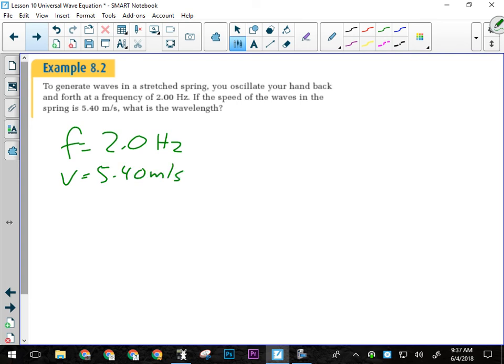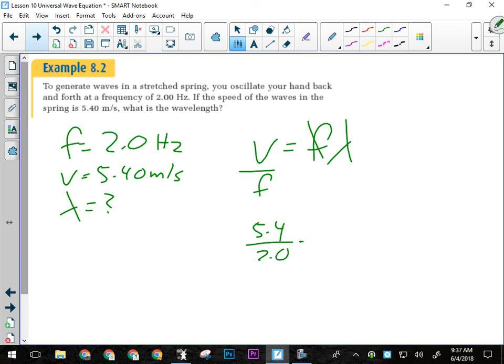We are looking for lambda. Okay, so V equals F times lambda. How do I get lambda by itself? Divide by F, right? Okay, so now I've got that. So we'll go 5.4 divided by 2.0. Okay, and we're going to get 2.7 meters as our wavelength.